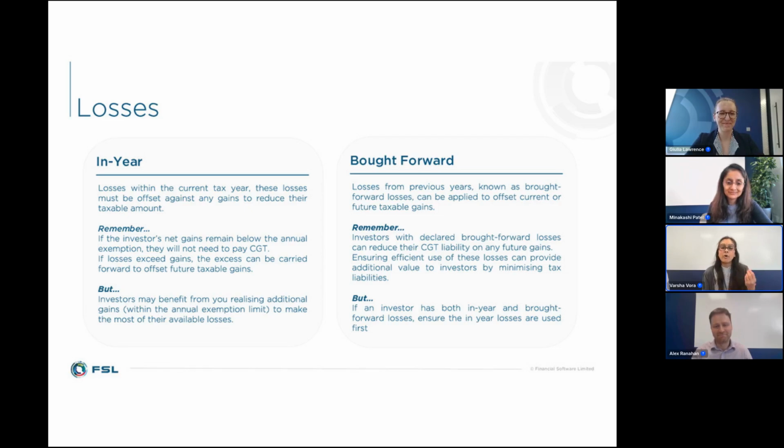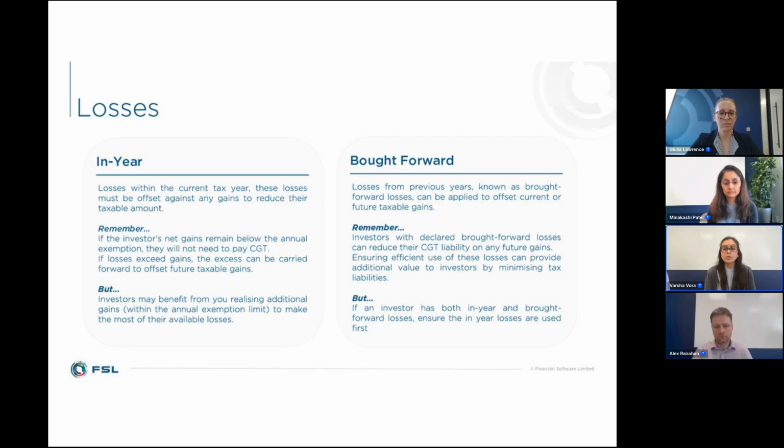But again, from an accounting point of view and from an investor's point of view, it's always good to make sure that your investors are aware that this is something that they need to make sure that they do and they consider. One of the other things is that investors always think that losses is a bad thing.